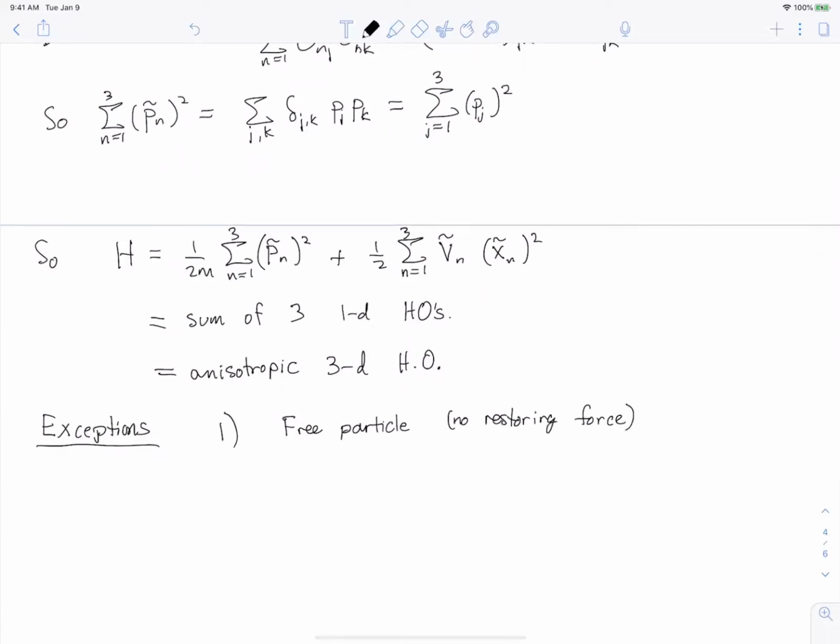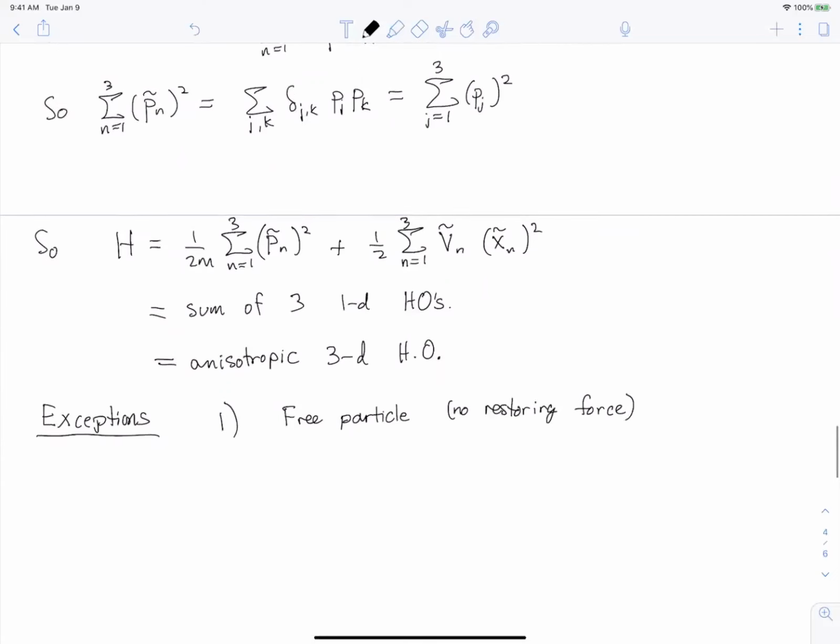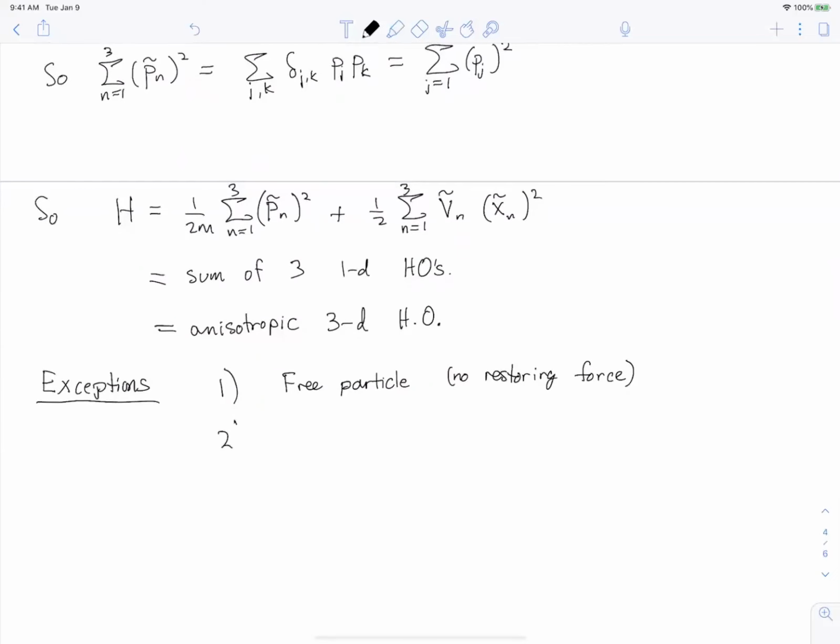But that's okay, because we know how to do the free particle. Another example is the case that we've already done with a square well, or its extreme example, the particle in a box. Okay, and that's because the Taylor series expansion for a square well just doesn't work.